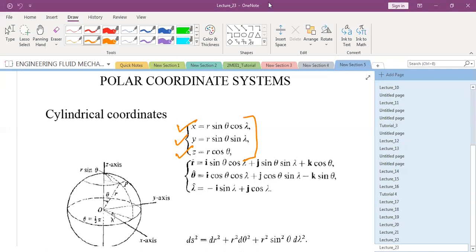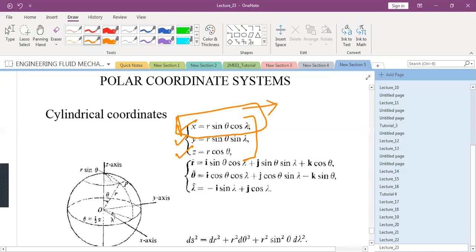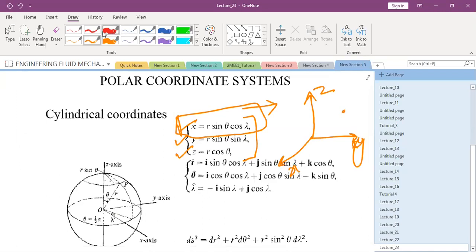Any doubts in x is equal to r sine theta cos lambda? You know how it has come? So if this is your x-axis, this is z-axis, this is y-axis. You take a point P on a sphere.